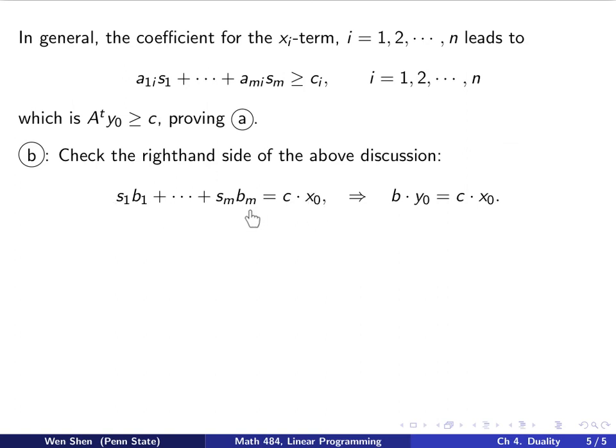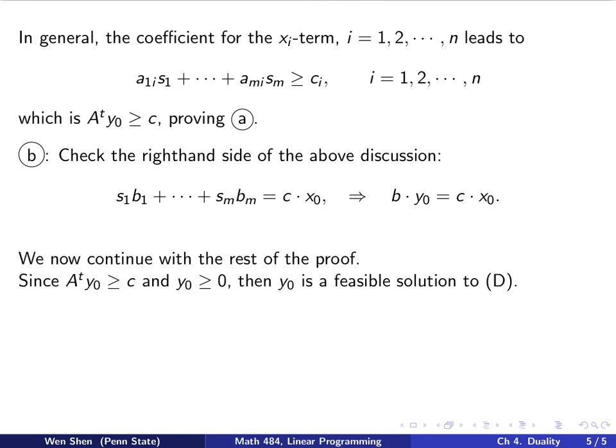And look at the left-hand side. What is this? Well, this is the dot product b dot y0, where y0 is the vector of these s's. So we have shown that b dot y0 equals c dot x0, and that is exactly claim B.